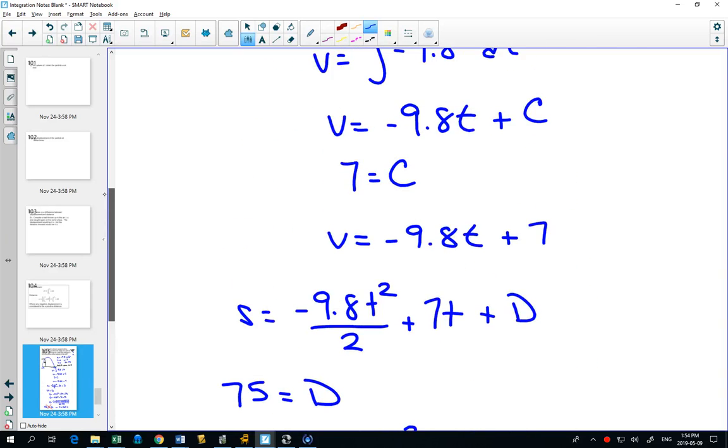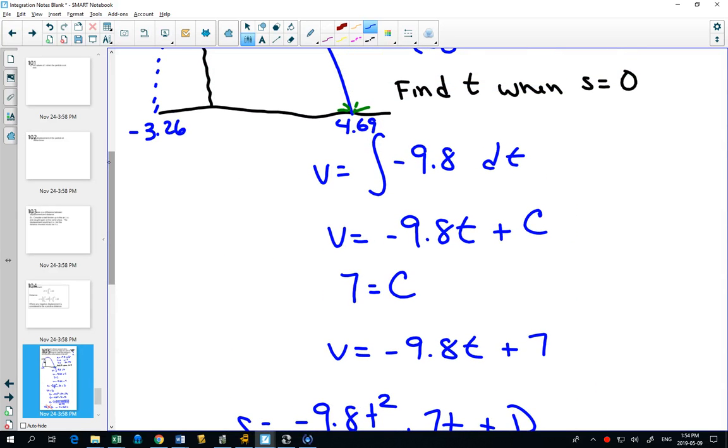Because I don't have any physics formulas memorized. Equals 1/2 at squared plus ut. And u is initial velocity. So it's the same idea. We just work backwards to get it. Okay?